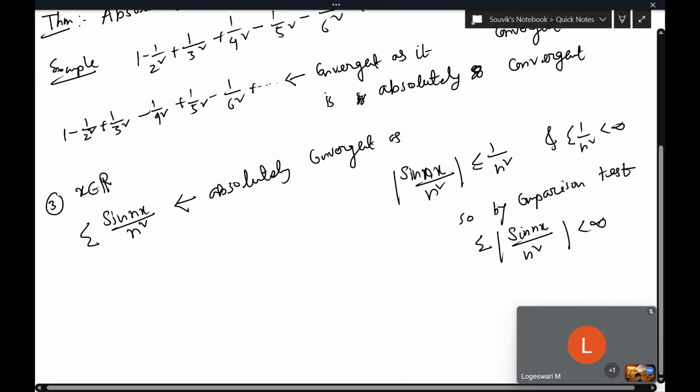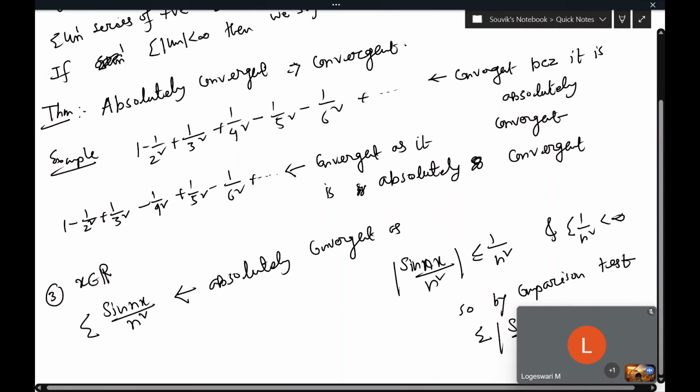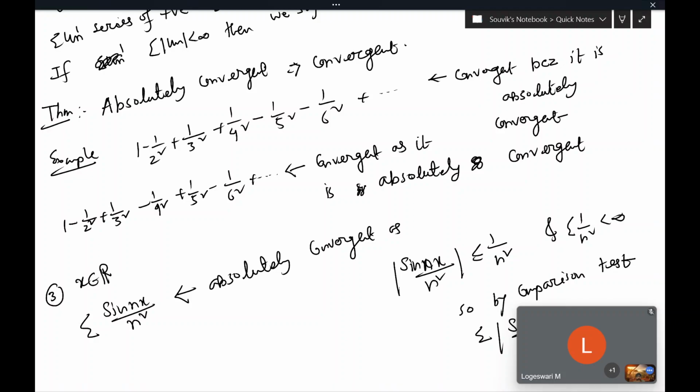Logosri, do you understand this? If you have any confusion, please let me know. I will wait for one minute. If you have any confusion in the definition or the examples, please let me know, or else I'll continue.